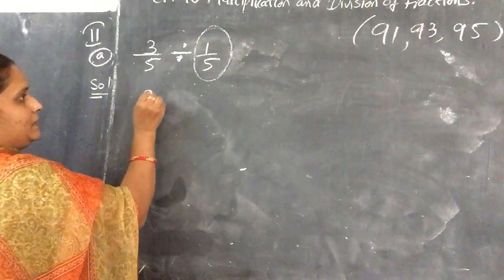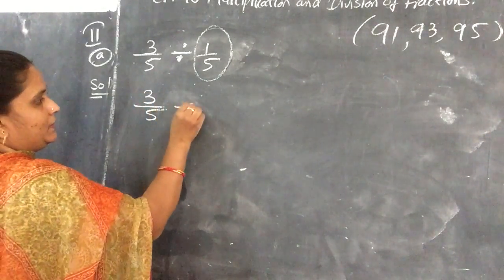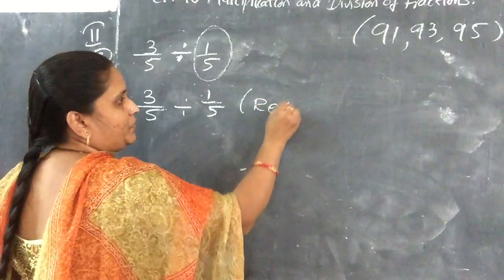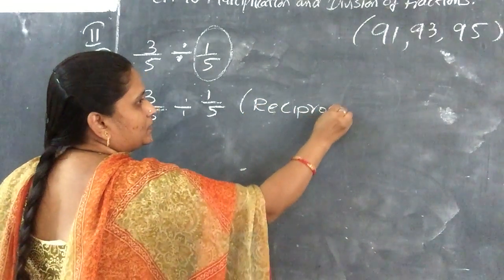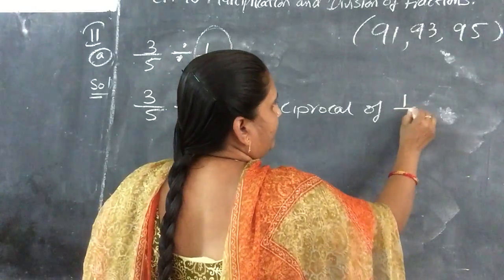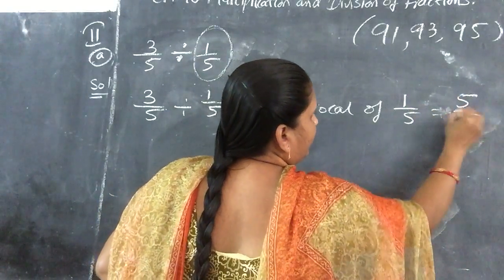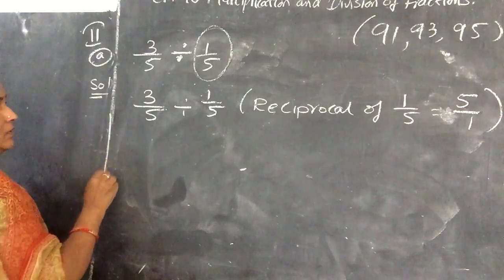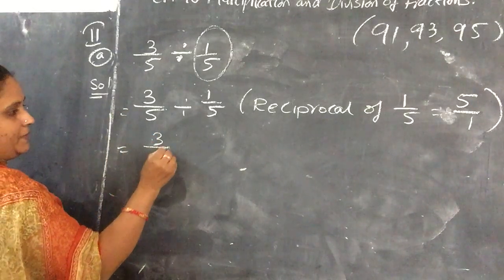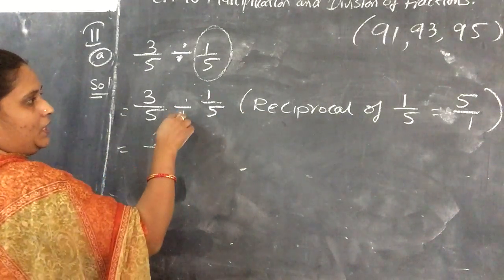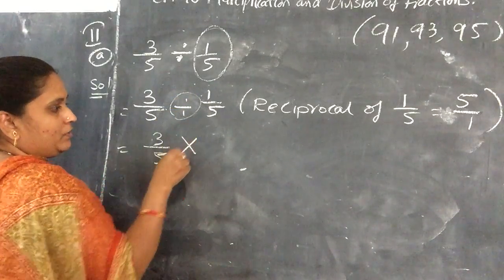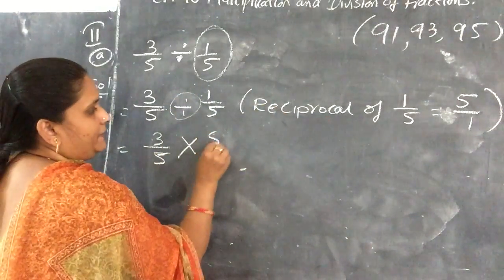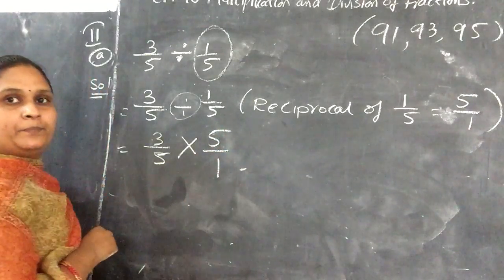It means 3 by 5 divided by 1 by 5. Now write the reciprocal of 1 by 5, which is 5 by 1. So now 3 by 5, when you are writing the reciprocal, this symbol will be converted into multiplication, and the reciprocal will be 5 by 1.